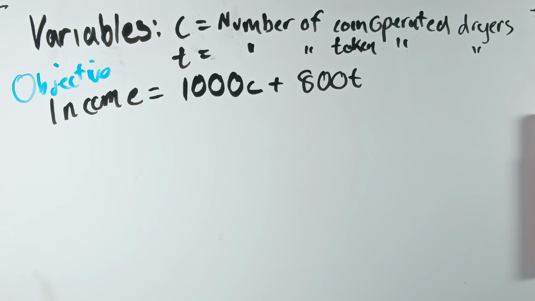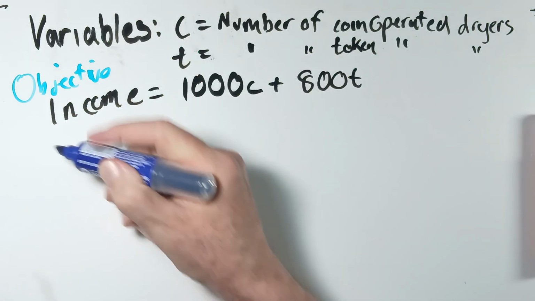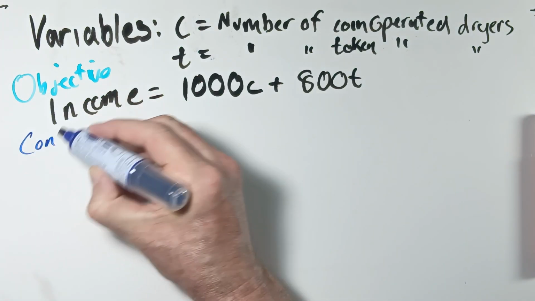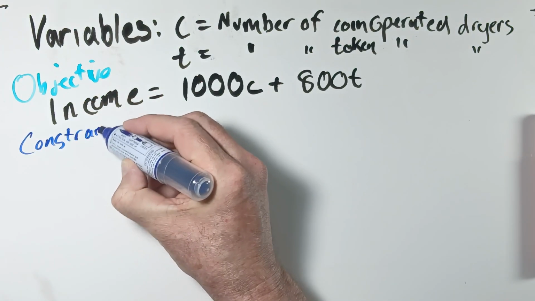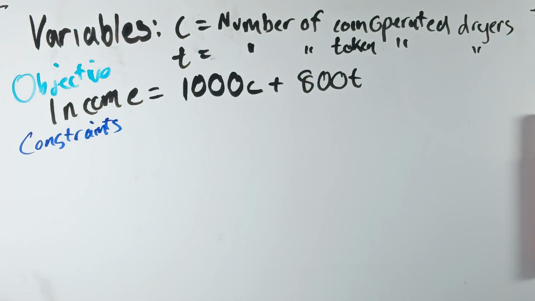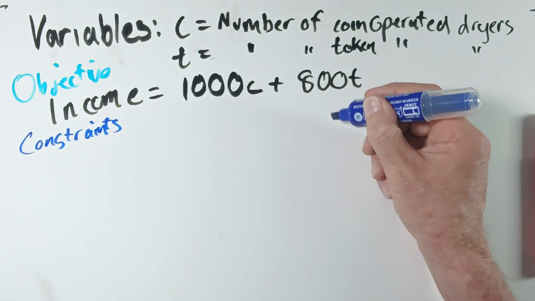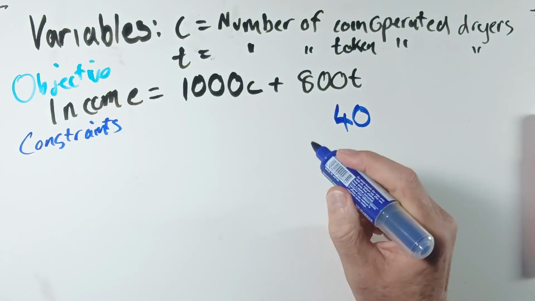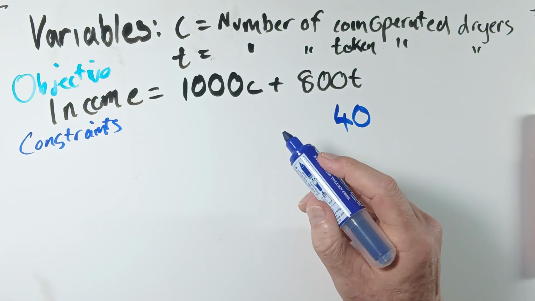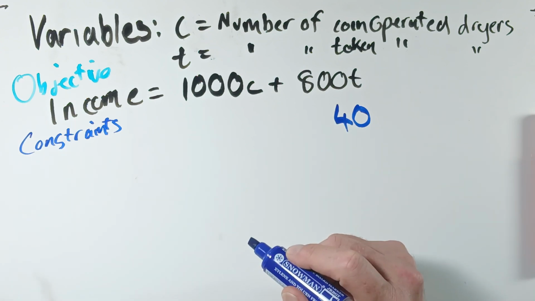So, the space at the Laundromat, up to 40 clothes dryers, and they both take up the same amount of space, coin and token operated. So how can we model that as a constraint? Let's think about that a bit. Well, we have basically the number 40 and some function there, number of each kind of clothes dryer.